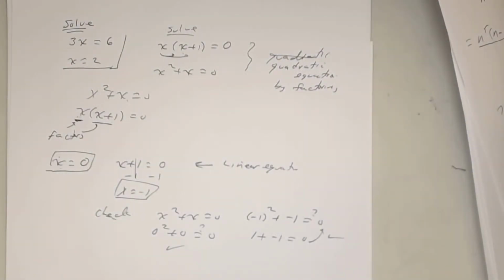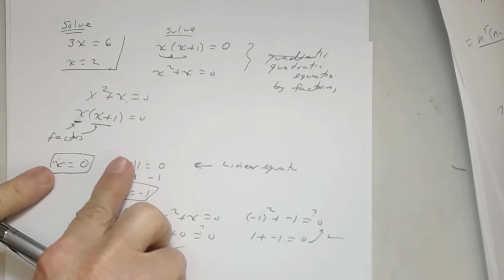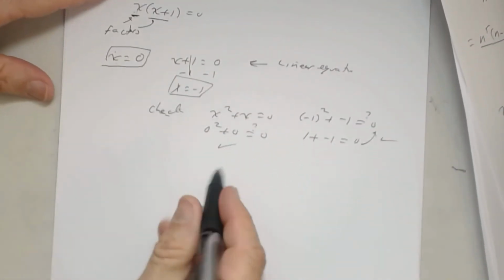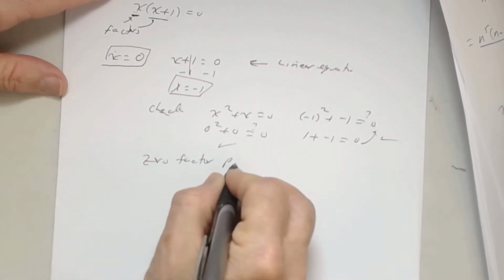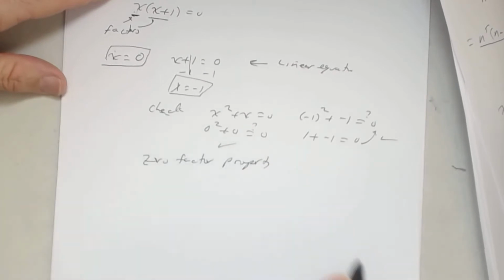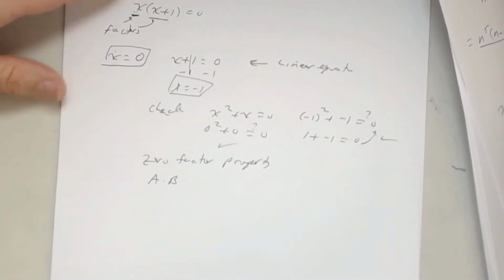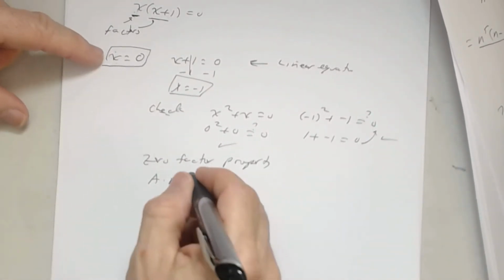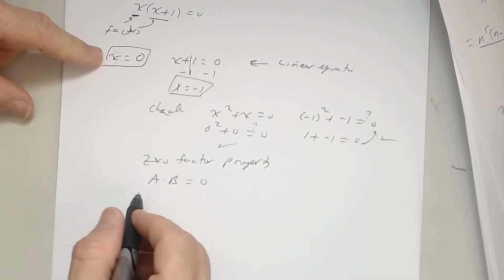So here's the idea. Whenever you solve a quadratic equation by factoring, you see when we set each of those equal to 0? That's called the zero factor property. So the zero factor property says this. If you have two or more factors, I'm just going to use 2 here, a times b, and their product is 0, then one of those has to be what? 0.